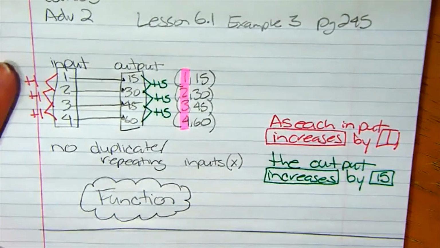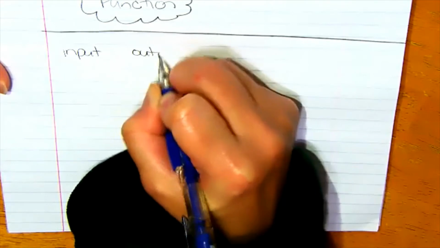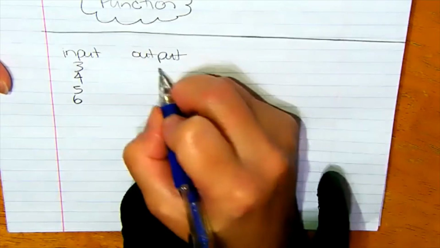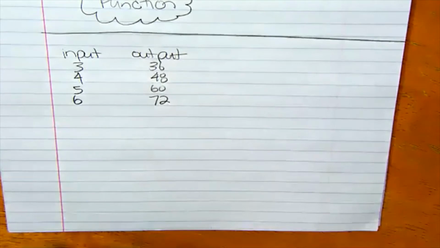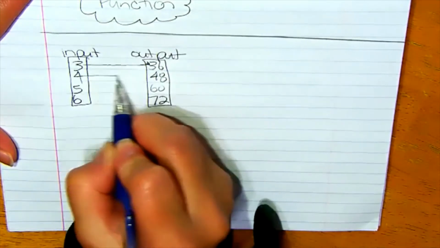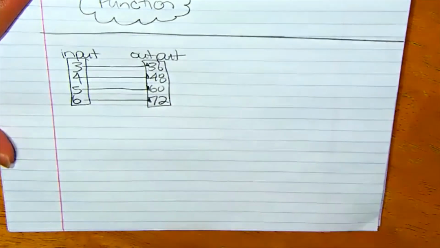Let's do another one. The book gives us a mapping diagram that looks like this. Input. Okay, we use our arrows to show how the input matches or is paired with the output.